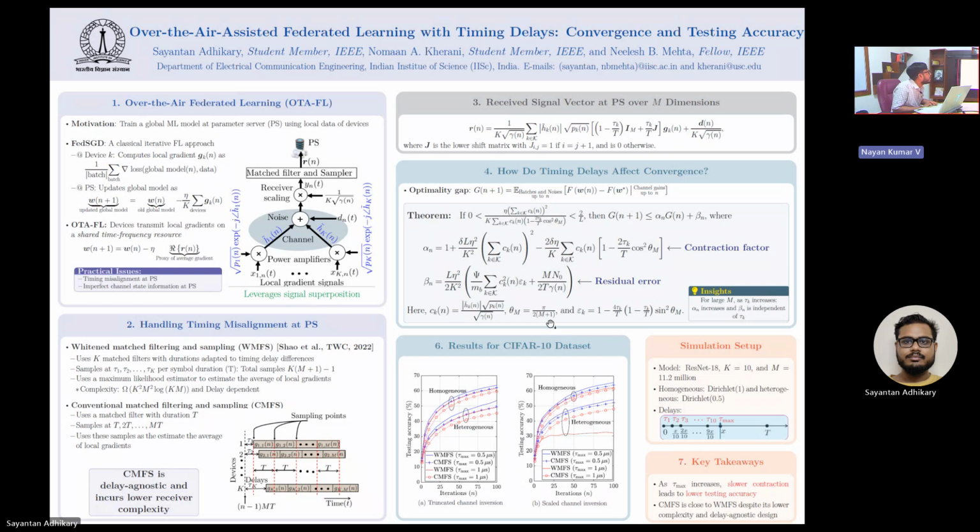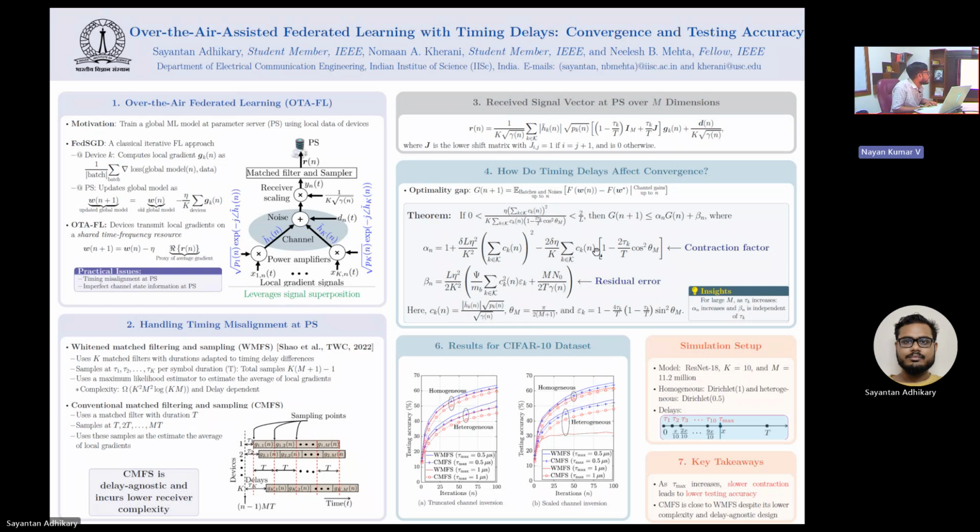If m is really large, this theta m shrinks down to 0, and then cos theta m goes to 1, and you get 1 minus 2 tau k by T. As tau k increases, as the delays increase, this term decreases, and since there is a minus sign in front, the contraction factor in effect increases as the delays increase. So you contract less in each iteration as your delays increase.